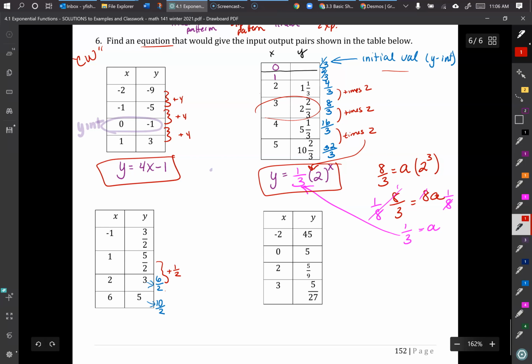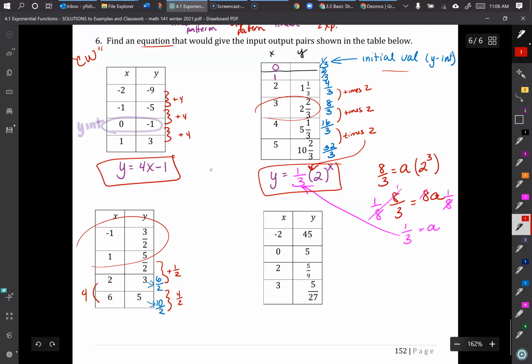But this one, I actually added 4 halves, right? But look at my leap over here is 4. So that's why I've added a half 4 times. So it's still repeated addition.